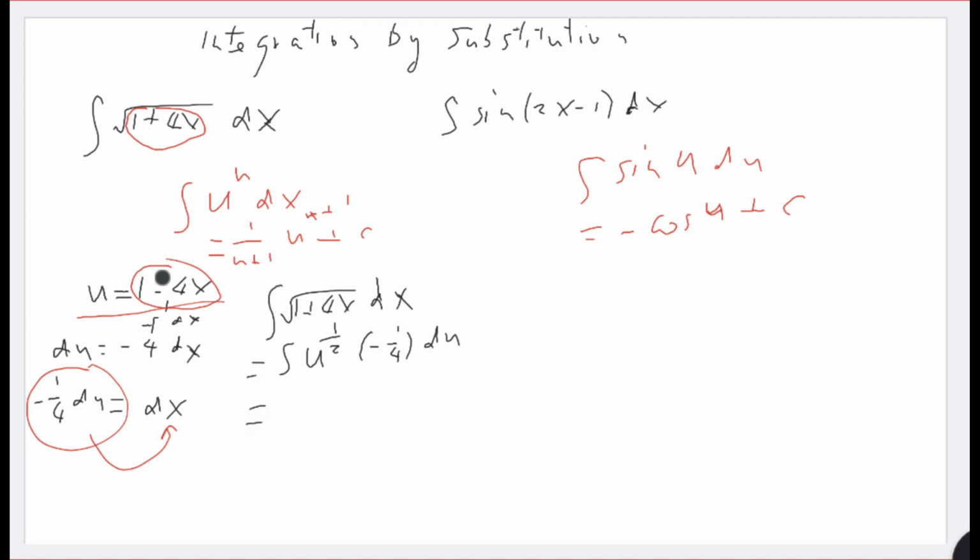Now we continue. So negative 1/4 moves out, that's a constant. Then just apply the power formula. So 1/2 is the power according to our integration of power formula here.